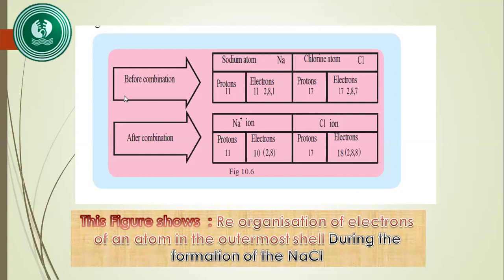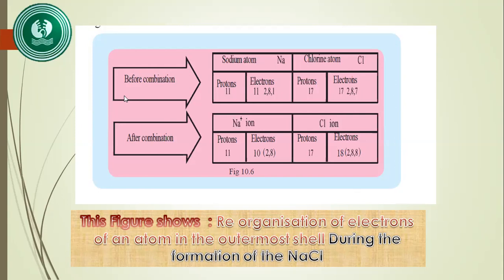That means in the nucleus of sodium there are 11 protons. You know the charge of a proton is positive 1. So there are 11 protons and 11 positive charges. You already know the atom is neutral. So to be neutral, it should have 11 negative charges.